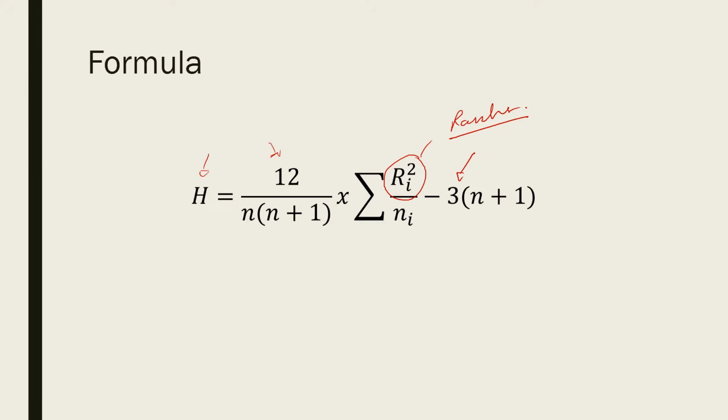So I'll show you an example later, but going back to the formula, you have to subtract 3 times the quantity of n plus 1. Okay, so very simple formula. So the only variable you have to compute for is this part. So let's get into the example.